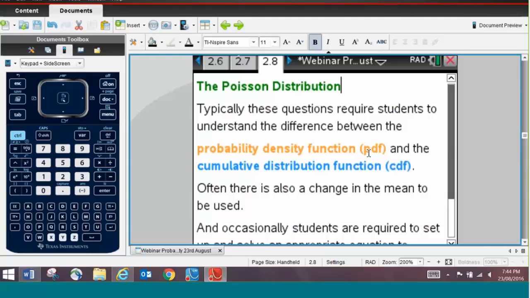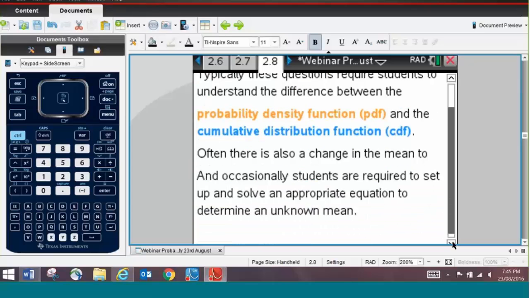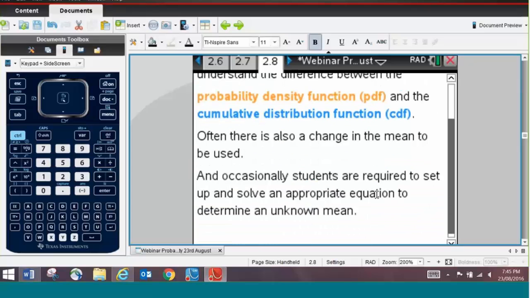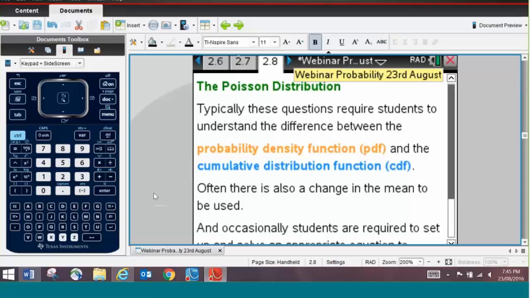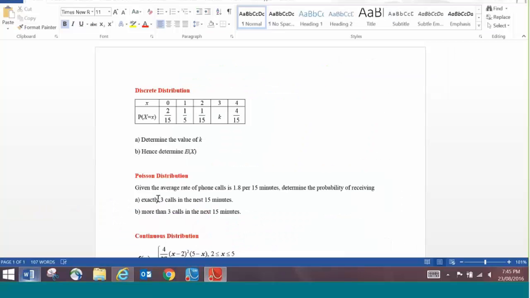So we use the PDF or the CDF, and sometimes within those questions, depending on how many marks are associated with it, then there may be a change in the mean to be used. And then if it's a more difficult question, sometimes they have to solve an appropriate equation to determine an unknown mean. So I'll just click back over here.